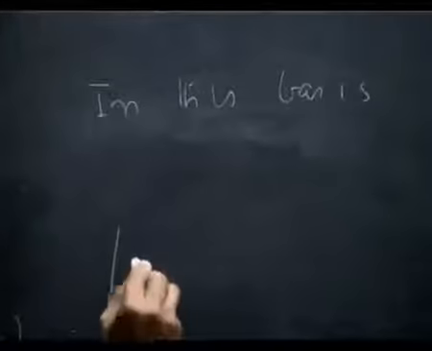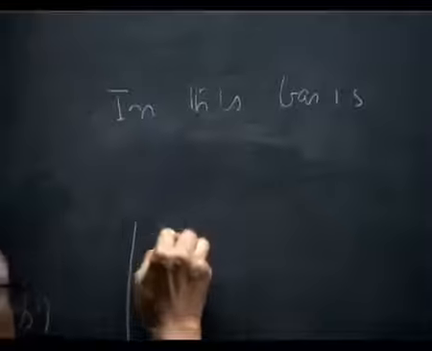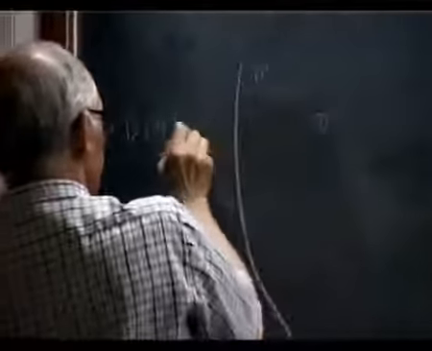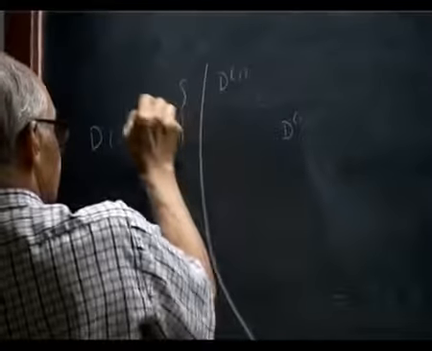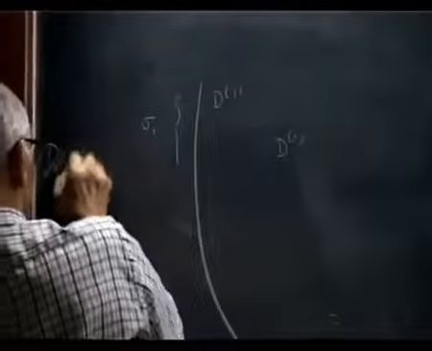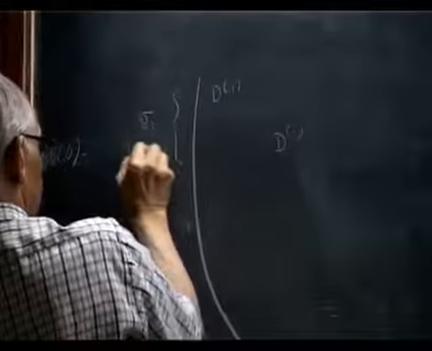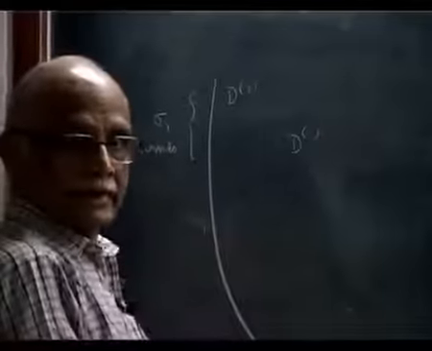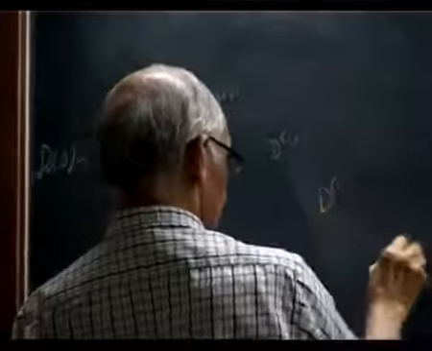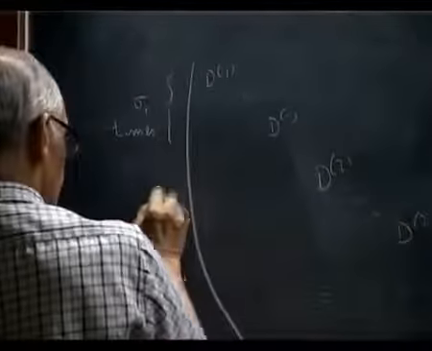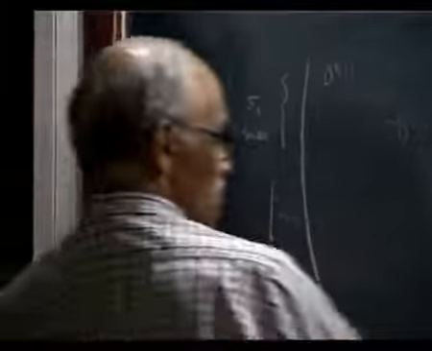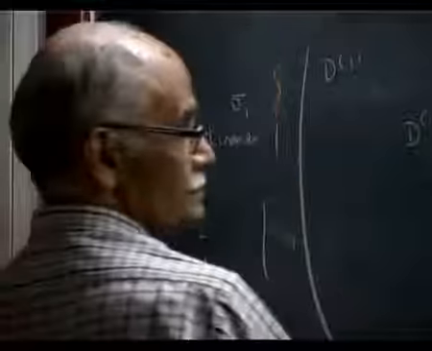It will have D1 sigma 1 times, then it will have D2 sigma 2 times, and so on.